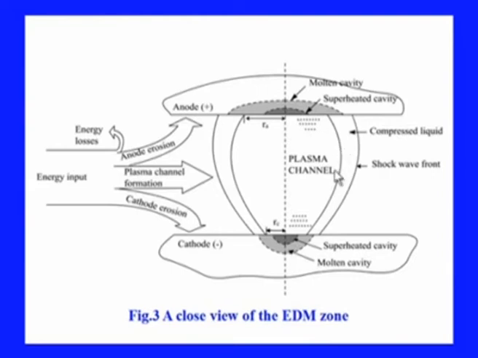But at the same time we should remember that the tool can also experience this erosion phenomenon to some extent, and it does. However, because of the different polarity of the tool and the workpiece, the erosion experienced by the tool is much less than what happens at the positive electrode, the workpiece zone.